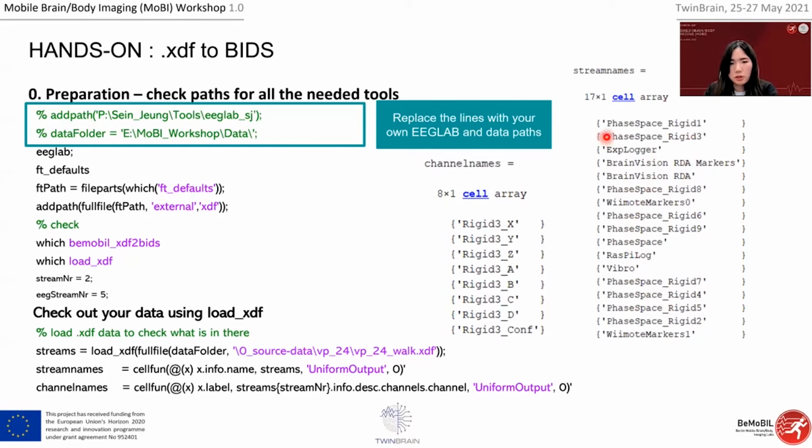If you run this line here, you should also see the names of the channels within the second motion stream. That's in this format: rigid body XYZ and ABCD and conf, or confidence. What the XYZ ABCD channels mean, we're going to see with some visualization.